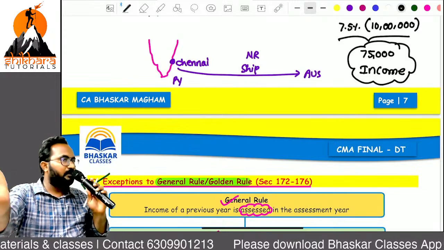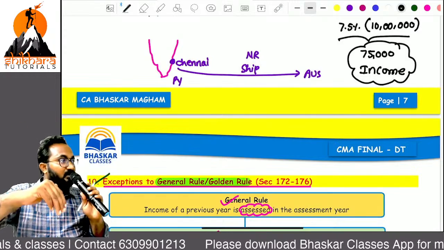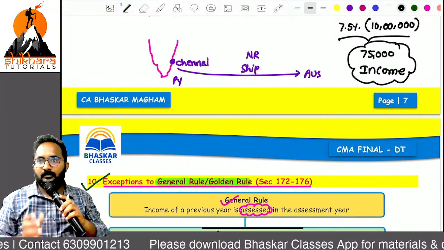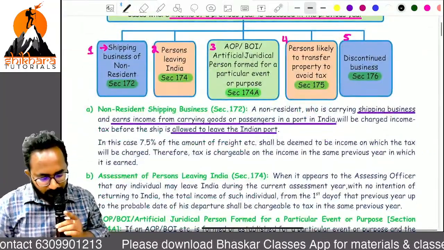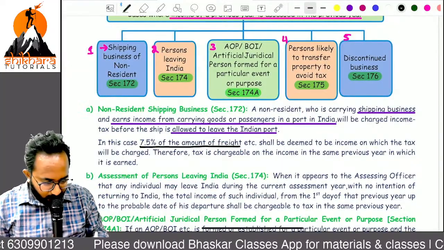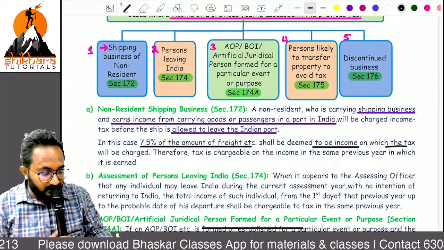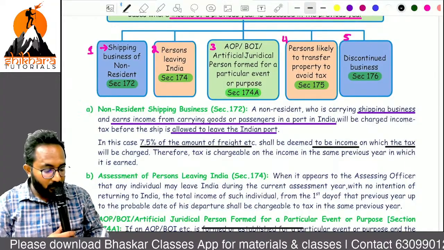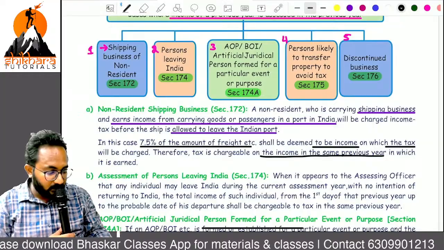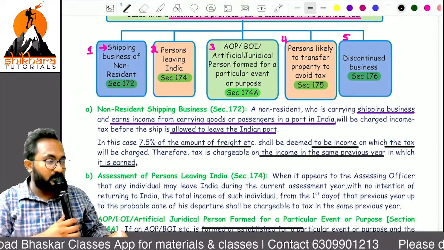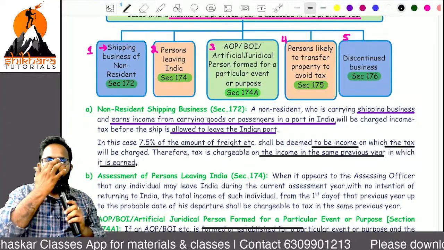In the non-resident chapter, again we have this discussion because here the non-resident is engaged in the shipping business. Now, 7.5% of the amount of freight shall be deemed to be treated as income on which he needs to pay the tax. So the income of the same previous year, the year he earned the amount, on that, in that year only, we collect the tax.